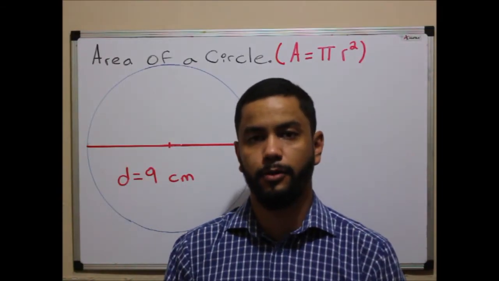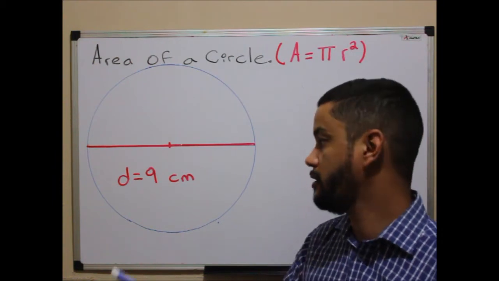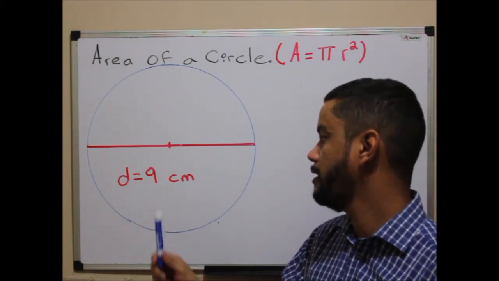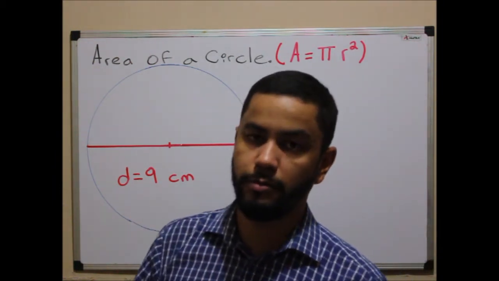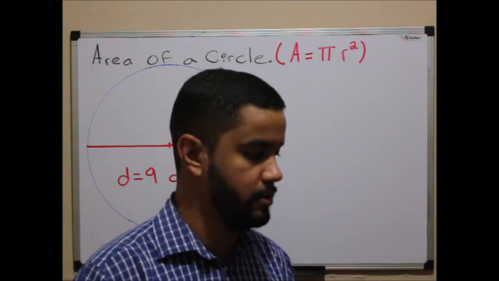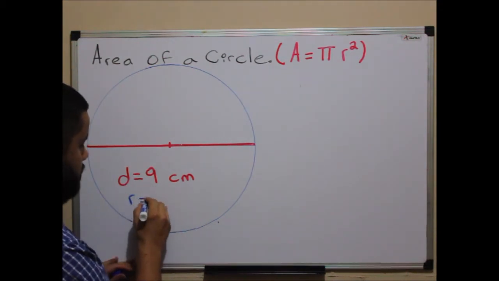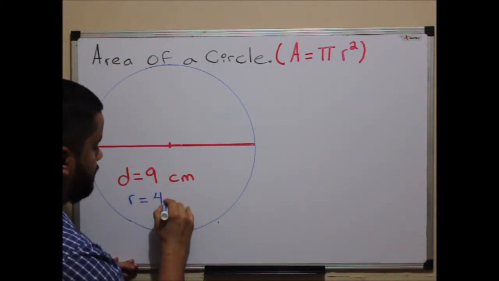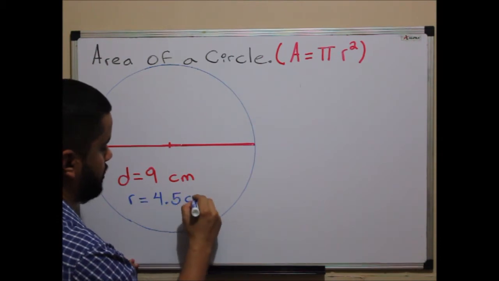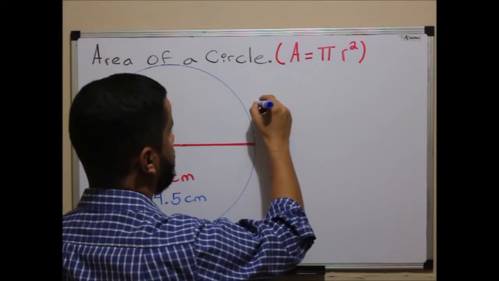For this example, we have a diameter instead of the radius, and our diameter here is 9 centimeters. So before I start any procedure, we're going to find the radius. The radius here will be half of 9, that is 4.5 centimeters. So we're going to start writing our formula.